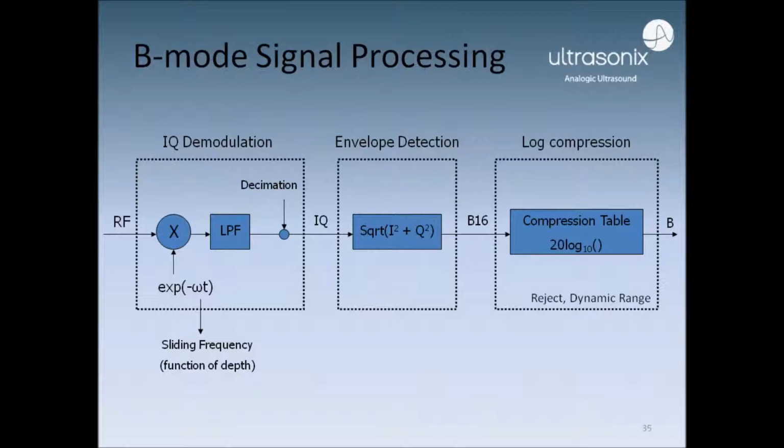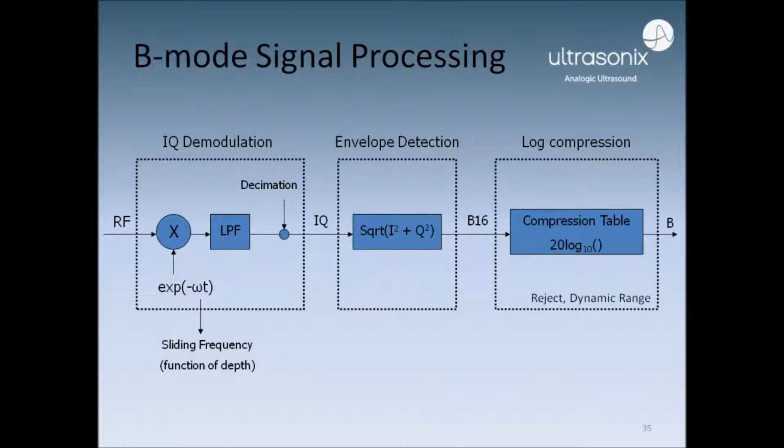To form the IQ data, the RF data is multiplied by exponential of -j omega t, where omega, which is the center frequency, is a function of depth. Because higher frequencies are attenuated more than lower frequencies, the center frequency of the RF signal shifts downwards for higher depth.